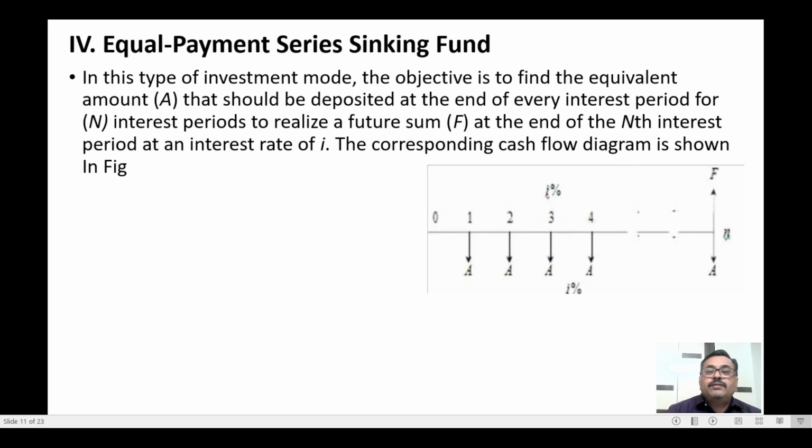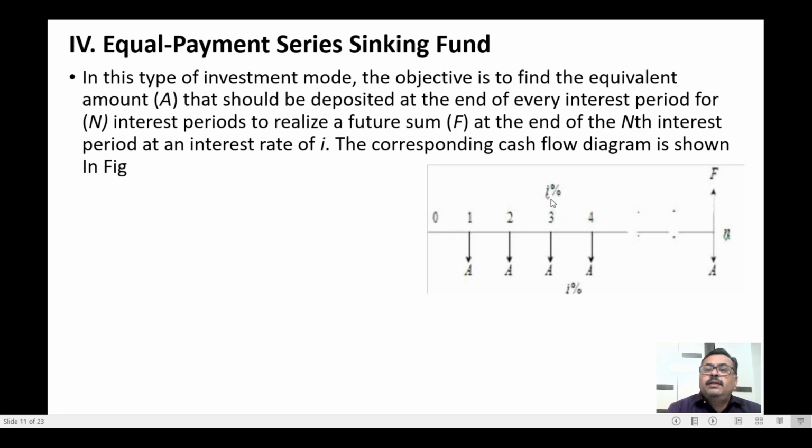The cash flow diagram for this is, as you can see, we have to calculate this A here. What is given? I is given here, F is given here, and N is given here. By knowing the N, F and I, we have to calculate the A, that is the equivalent amount that we have to deposit every year to get a future sum of some amount.